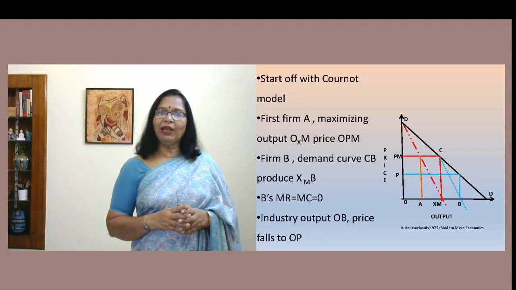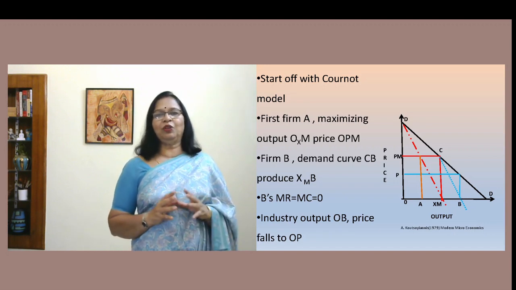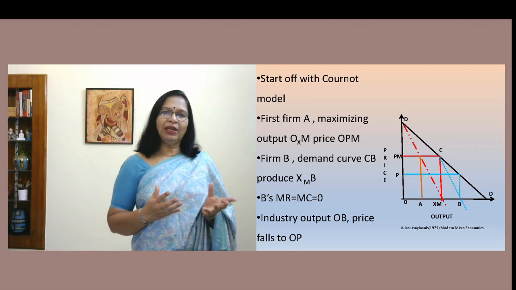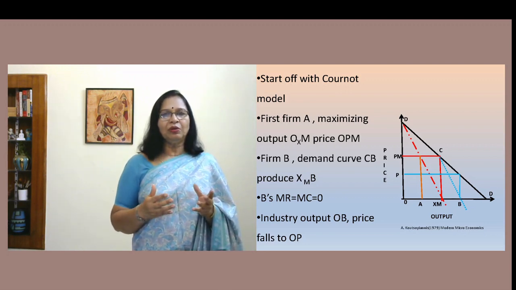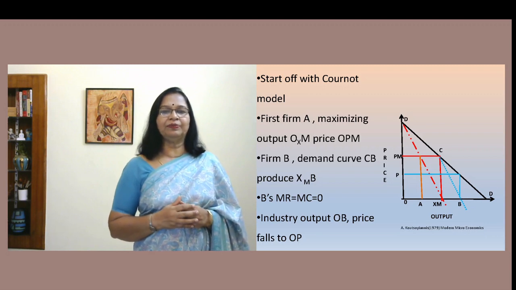So how shall we explain Chamberlain's model? The first thing we can do is start off with the Cournot model. You can have a look at the video on the Cournot model to quickly move into this particular diagram.